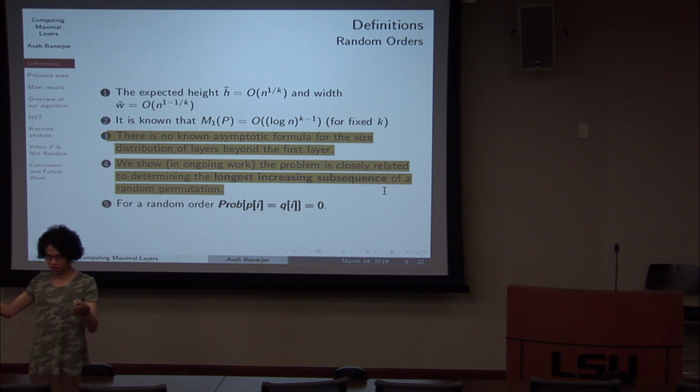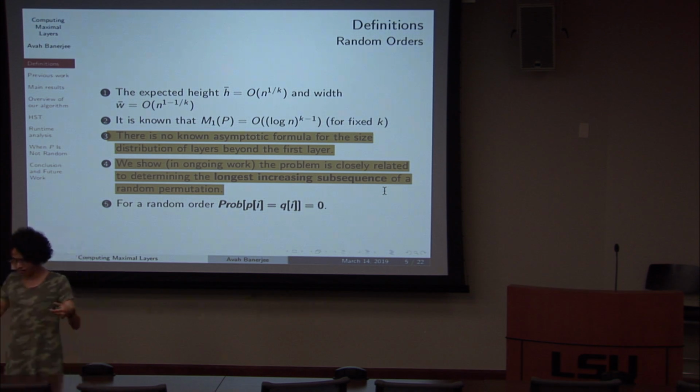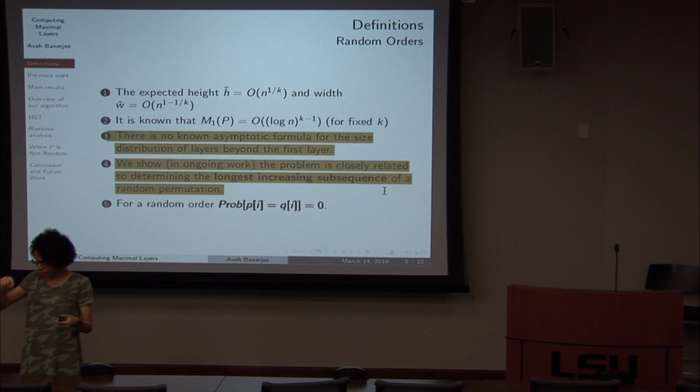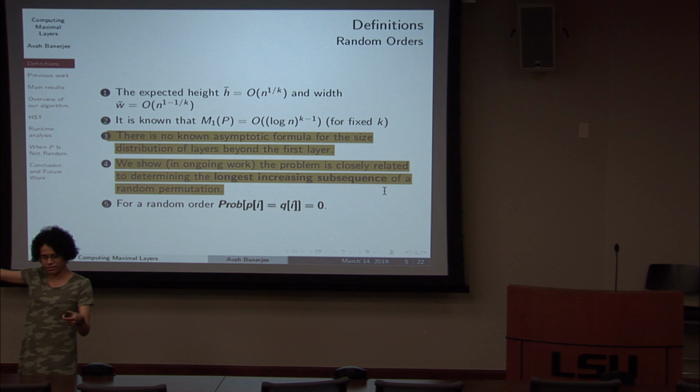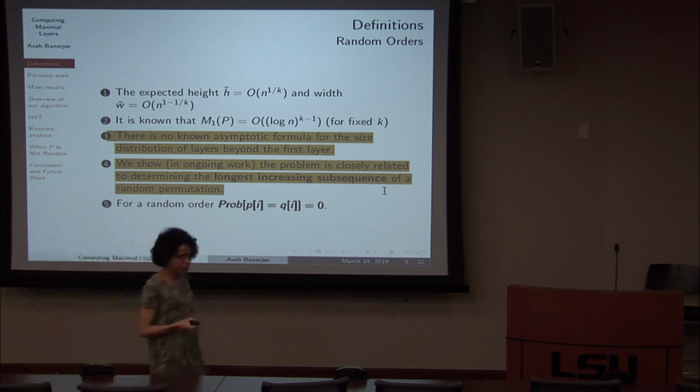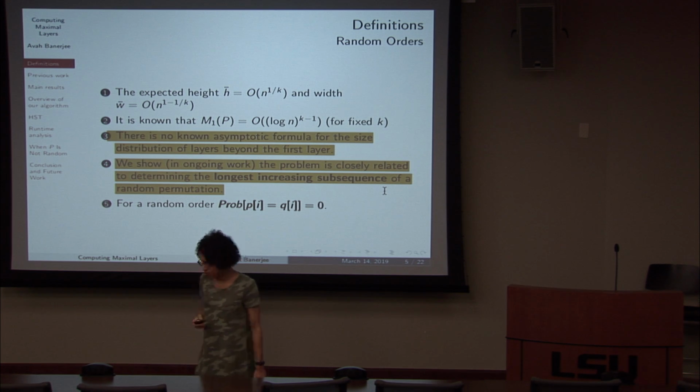That's an important question, right? Because it's a random ordering, you can have this kind of thing. You want to figure out the longest trend, in a sense. There is no closed form formula for that.